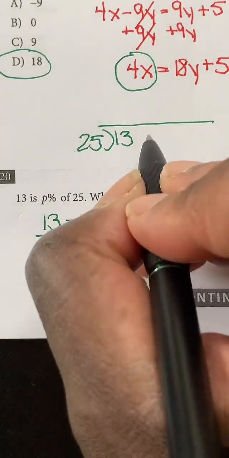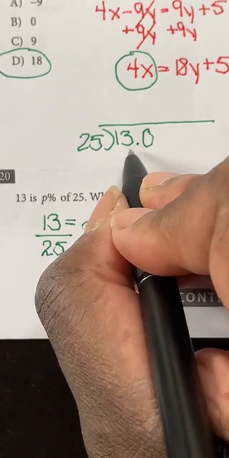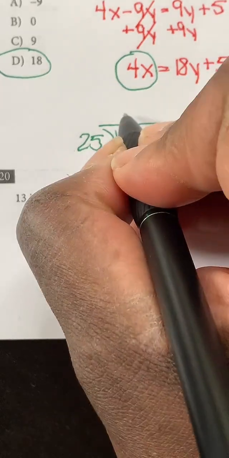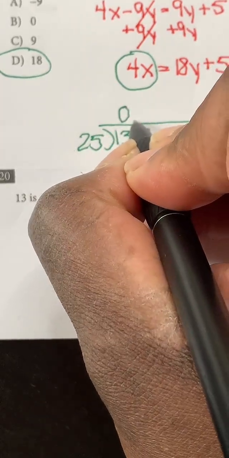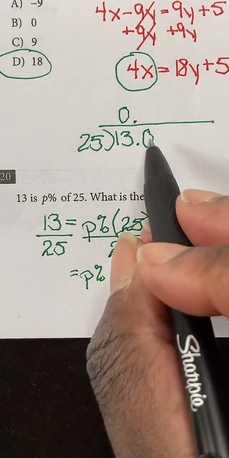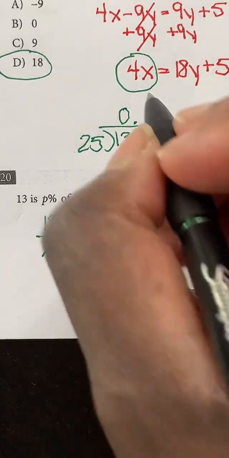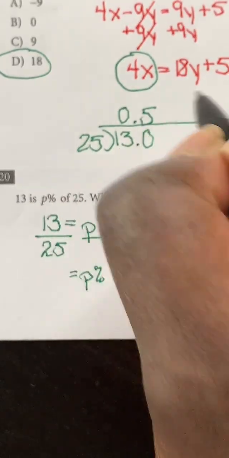Now I'm putting my decimal point, because there are no groups of 25 that can go into 13. It's too small. So I have my 0, line up my decimal point. Now how many groups of 25 can go into 130? Well, that will be 5.